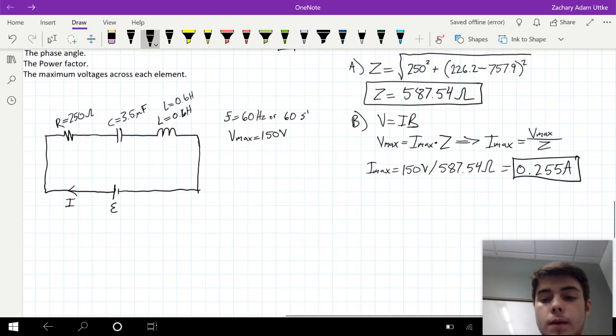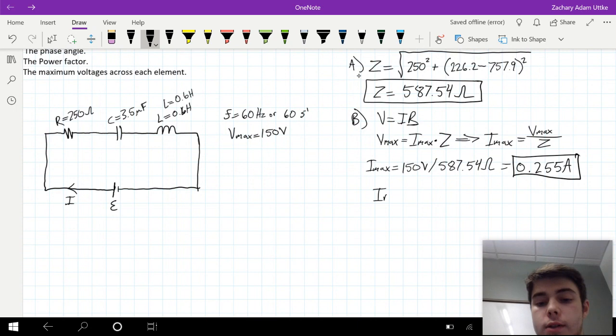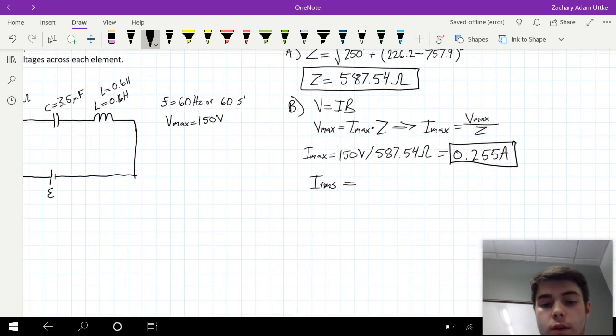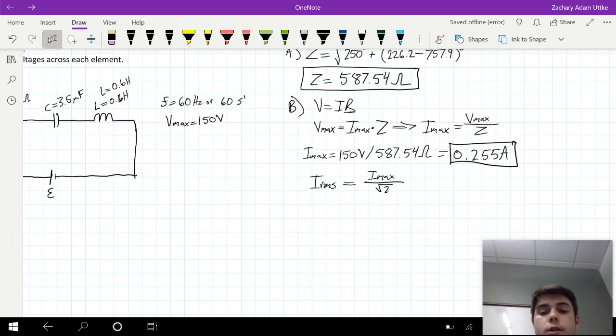Okay, so IRMS, that's the root mean squared value. So we have to take I max divided by the square root of 2. And logically here, we're dividing I max, the maximum current, by a number greater than 1. So IRMS should be less than whatever I max is.